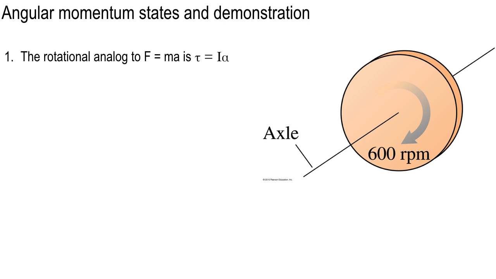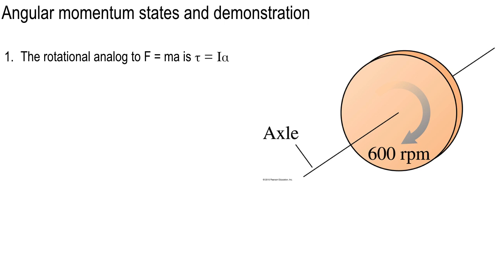Where one gram is going to the left, another gram is going to the right. When one gram is going forward, another one's coming back the opposite way, on opposite sides. Because they're all connected by mutual intermolecular forces, it holds together, doesn't fly apart, and it spins. So angular momentum is the analog to regular momentum, p equals mv.